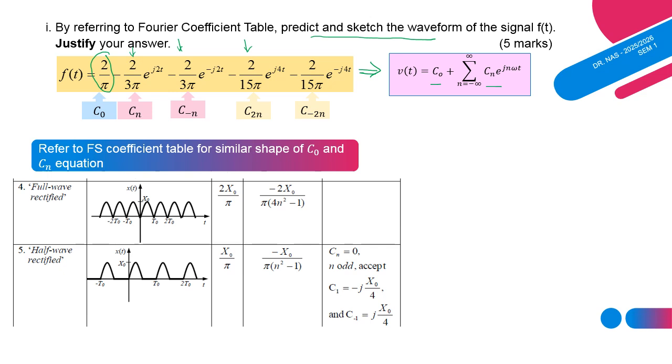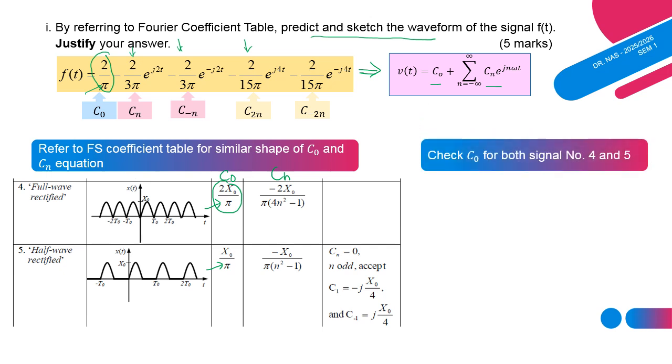This column is for your C0 and this column for your Cn. If you look at the C0 of the full wave rectified signal, you have the denominator as pi, same goes to this and this. Okay, so from here you can calculate the x0.